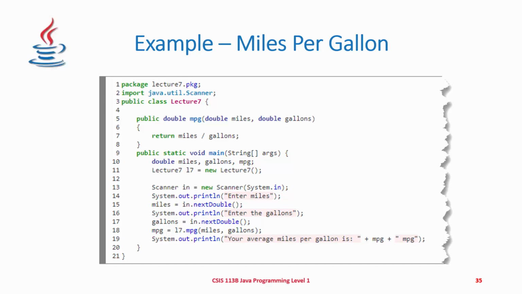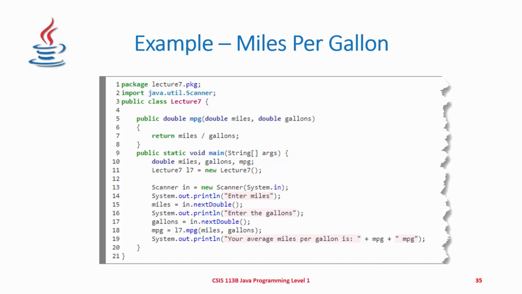Then we assign to mpg, also of type double, the result of calling the instance object L7 dot the method mpg, passing to it the values of miles and gallons. That gets divided in the mpg method, and the result is returned and assigned to the mpg variable down in main.